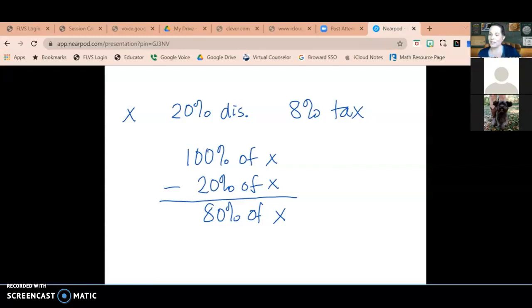All right, so far, there's very few of you that are like, okay, I've got this. So let's talk about it. When you find a percent of a number, there's two things that you do. Ready? You might want to jot this down, because it keeps coming up again and again, right? So, percent of a number.